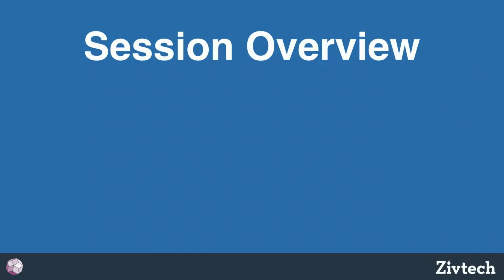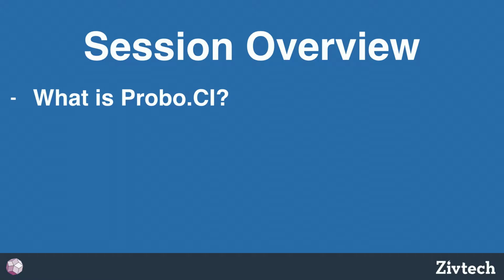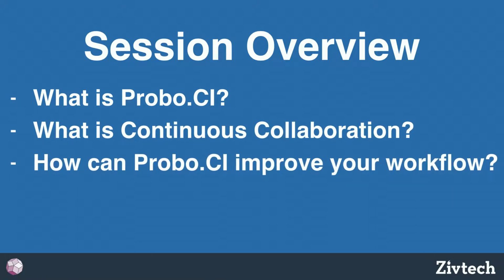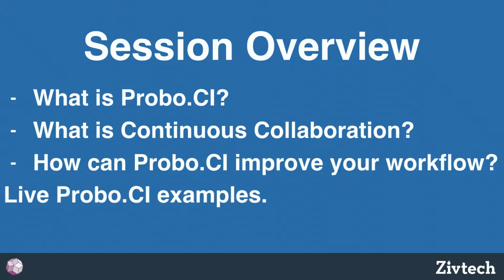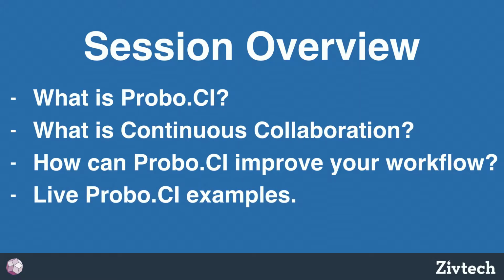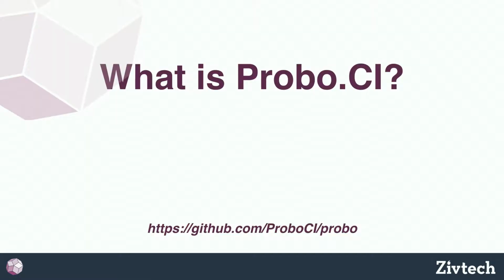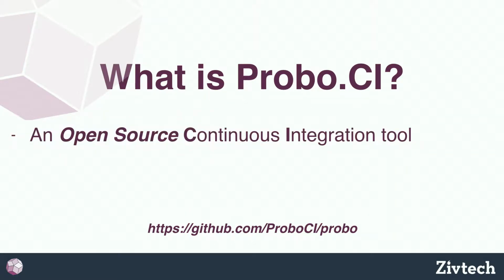So in today's session, we're going to go over what is Probo.CI, what is continuous collaboration, how can Probo.CI improve your workflow, and some live Probo.CI examples, and we'll do some Q&A. So what is Probo.CI? Probo.CI is an open source continuous integration tool.